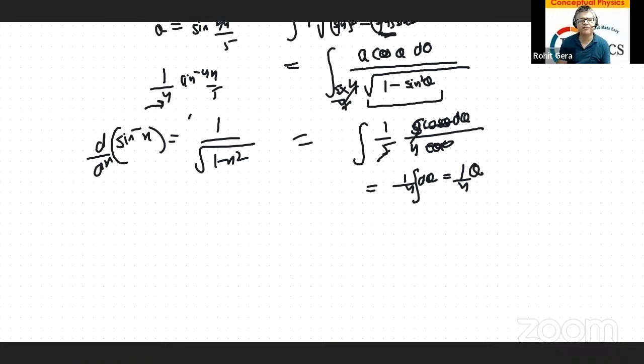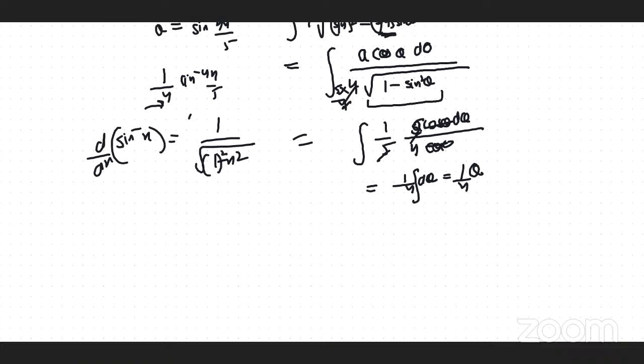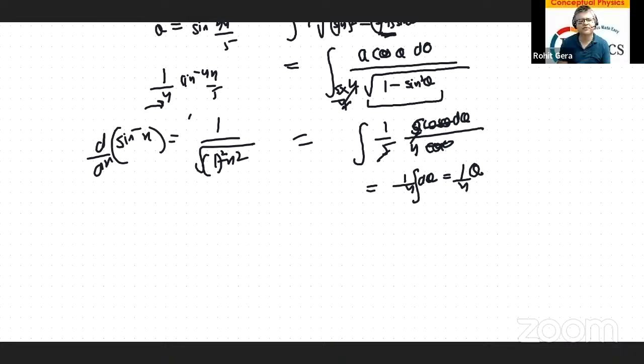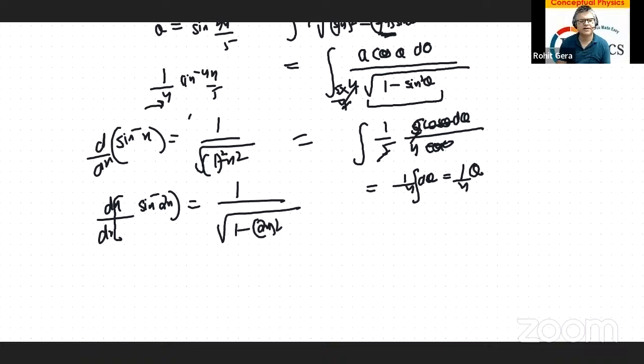This is of the form a square minus x square. So if I do a derivative of sine inverse 2x, it will be 1 upon under root of 1 minus 2x whole square, and then a derivative of 2x, which will be 2.